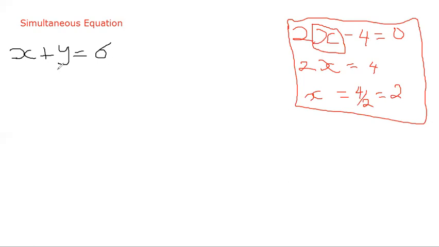In this question, it is not possible to find x and y because we have two unknowns, x and y.